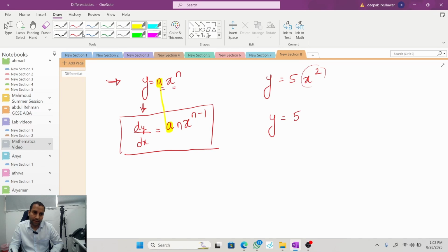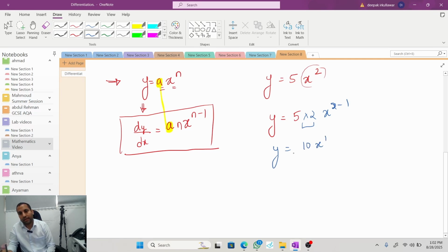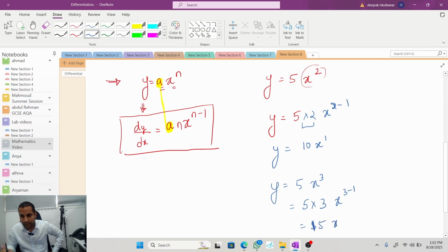So you can write this as 5 times 2 x to the power of 2 minus 1. 5 times 2 is 10, and 2 minus 1 is 1, so 10x. Similarly, if I give you 5x cubed, this can be written as 5 times 3 x to the power of 3 minus 1. 5 times 3 is 15, so 15x squared.